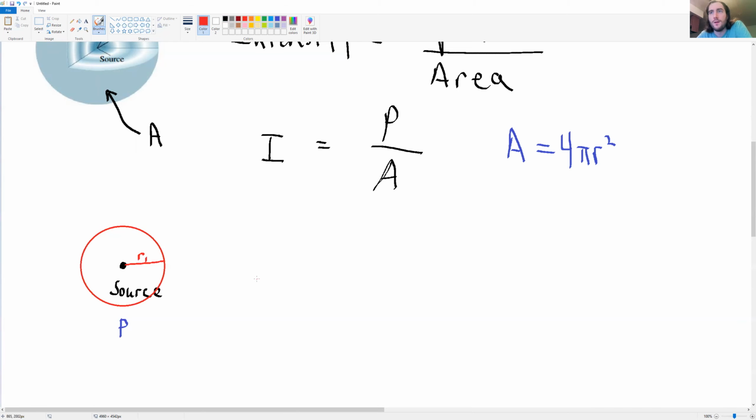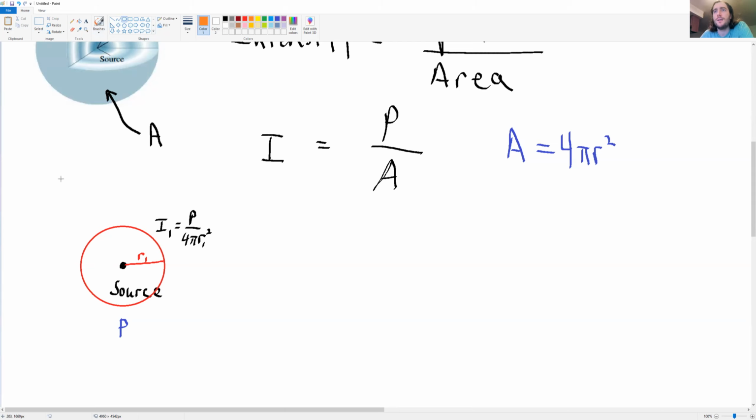I investigate the intensity at that radius r1, and I'll call it I1. I1 is going to be the power over 4 pi r1 squared.